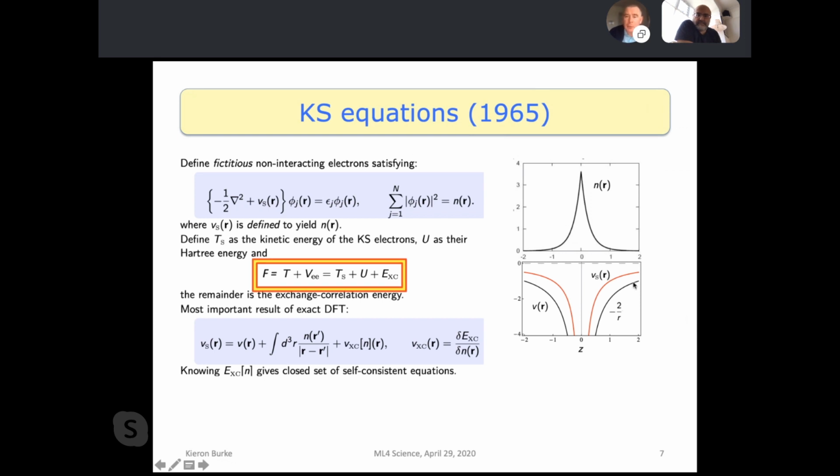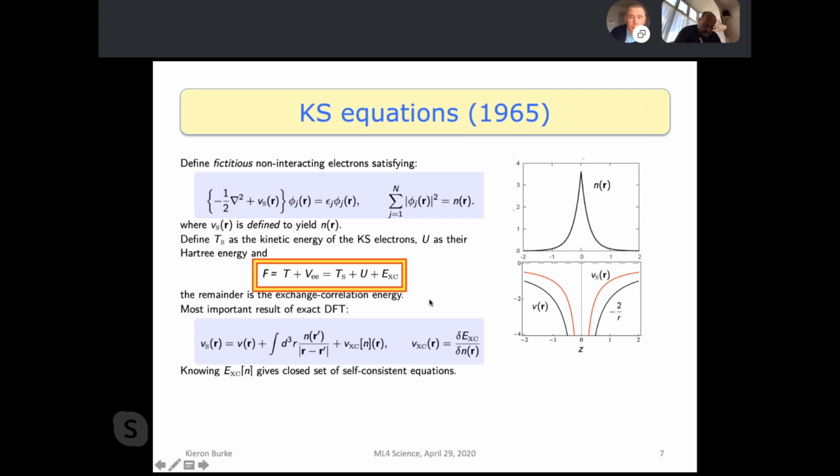And here we have the external potential. And this red line here is something called the Kohn-Sham potential. The Kohn-Sham system is a fake system of non-interacting electrons, but still fermions. You put them in this red line potential here, and it gives you the exact ground state density. More importantly, Kohn and Sham wrote the total energy in terms of quantities you can extract from the Kohn-Sham system, plus this little piece left over called the exchange correlation.